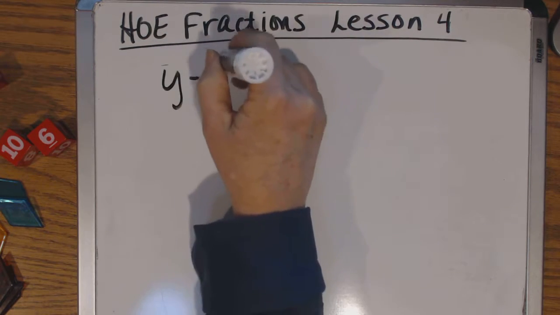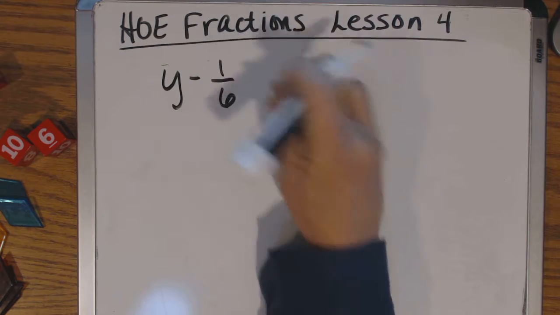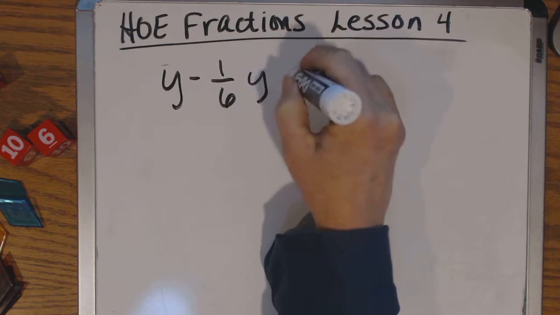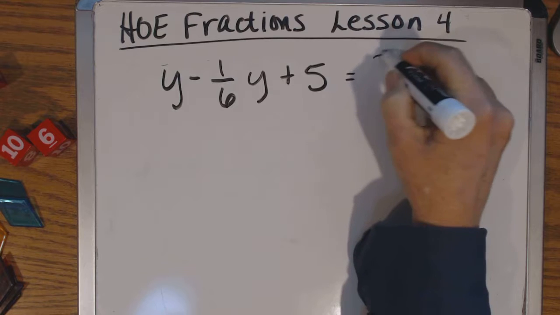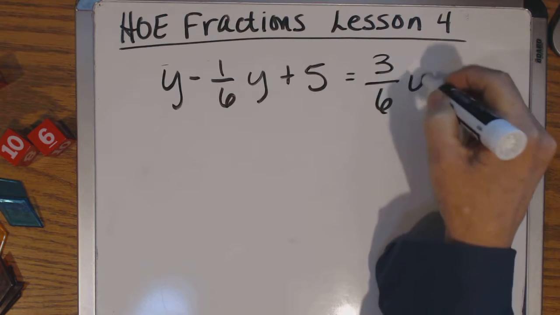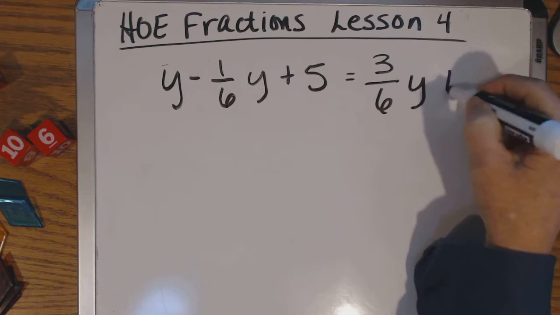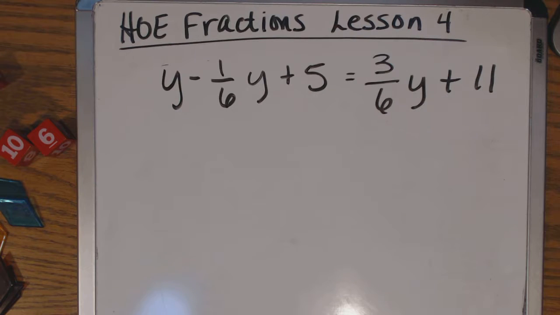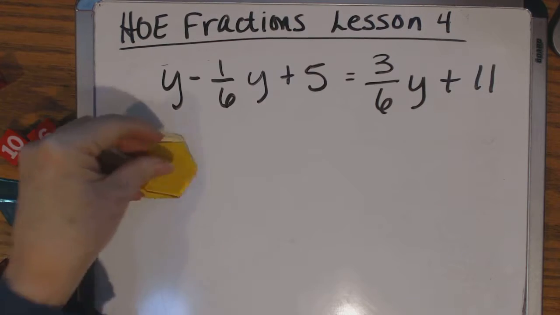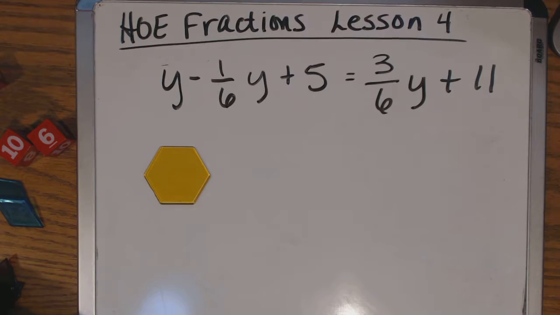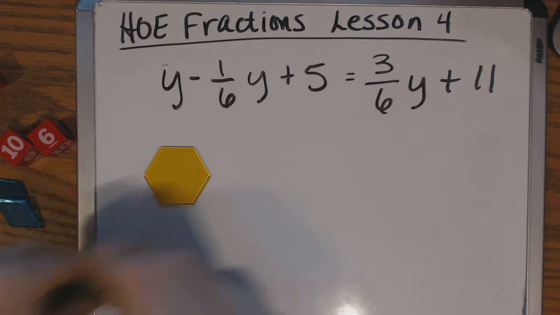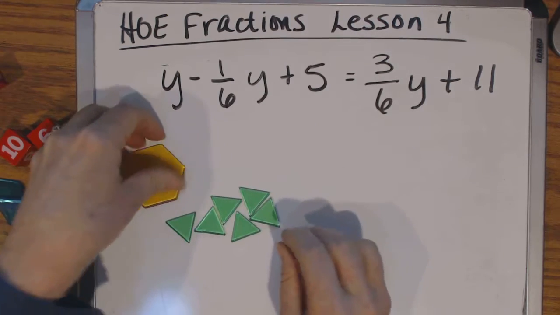y minus 1/6 of y plus 5 equals 3/6 of y plus 11. Okay. Now, start with the left. If I have a whole y and I want to subtract 1/6 from it, what you could imagine is that I have 6 of these guys, right?